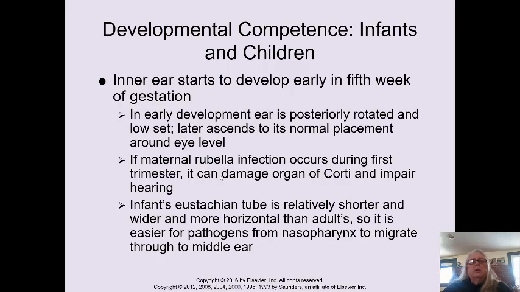Let's see, developmental competence in infants and children. The biggest thing to know here is that while hearing development starts about in the 5th week of gestation, rubella is a big deal.